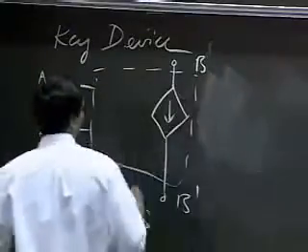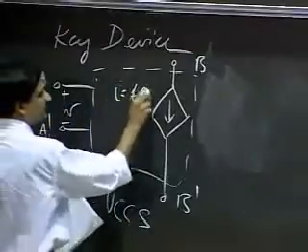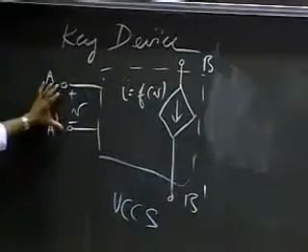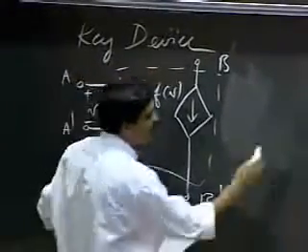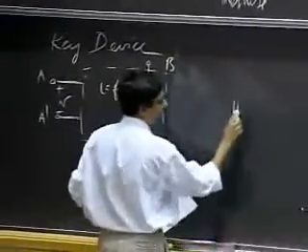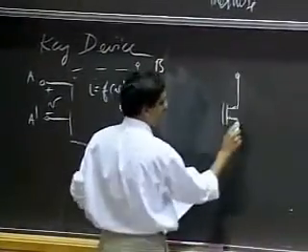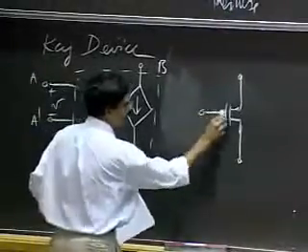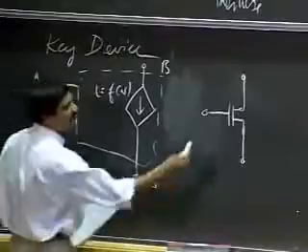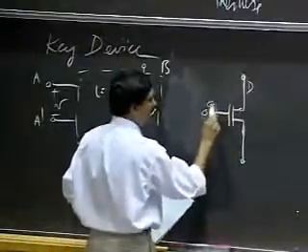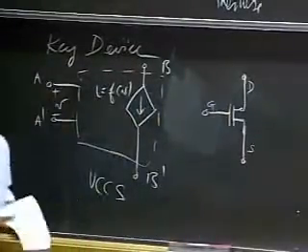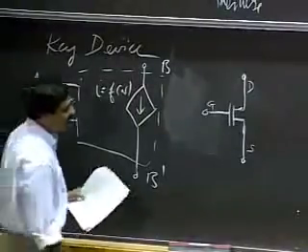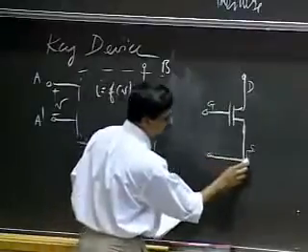Let me create some room for myself. Notice that I need a control port and an output port, and I'm going to view my MOSFET in a slightly different manner than you have seen before. I draw these two terminals here, and this was a 3-terminal MOSFET. This was my drain, my gate, and my source terminal. But I view the MOSFET slightly differently.